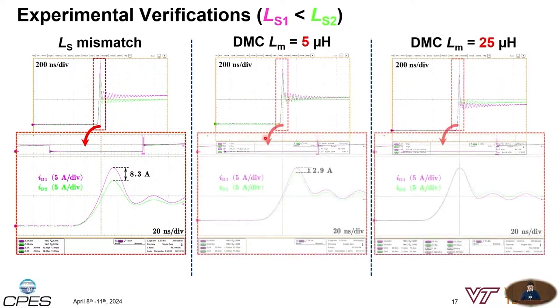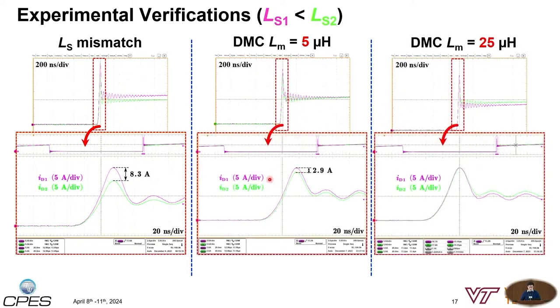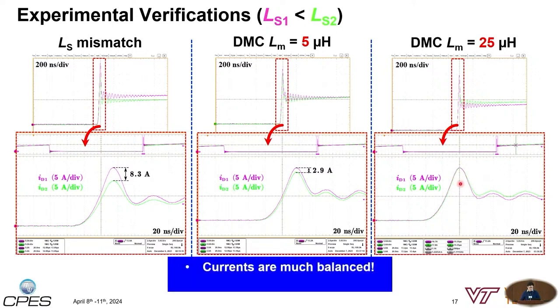We can also zoom in on the turn-on junction. You can see the unbalanced current is significantly decreased from the original 8.3 amps down to 2.9 amps, and almost balanced when the DMC value is 25 microhenry. So the current is much more balanced after adopting our proposed passive solution.